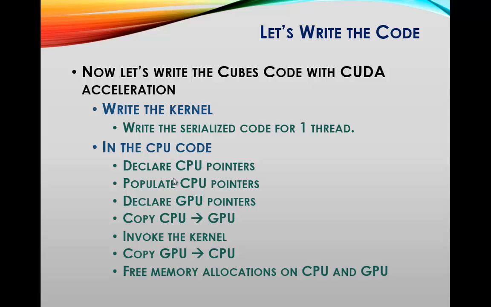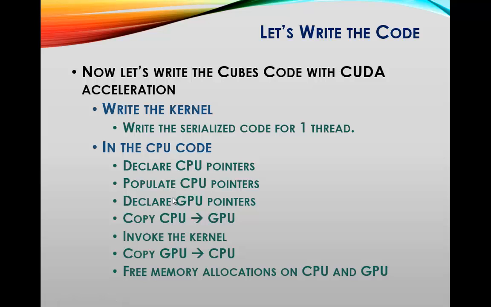Then in the CPU side code, we first declare our CPU pointers, then we populate the pointers with the data we have, we declare GPU pointers, then we copy the contents of our CPU pointers to the GPU pointers on the device, then we invoke the kernel and let them run on the GPU data, then we copy back the results of our calculations from the GPU into the CPU, and when we're done, we free all the memory allocations that we made on the CPU and GPU.